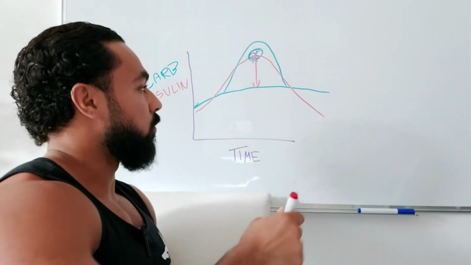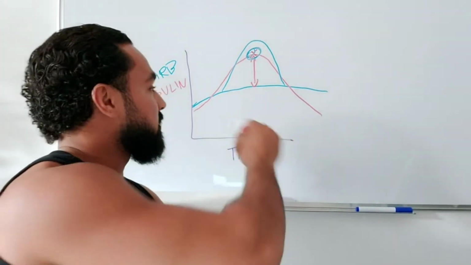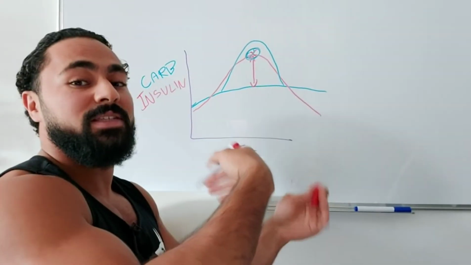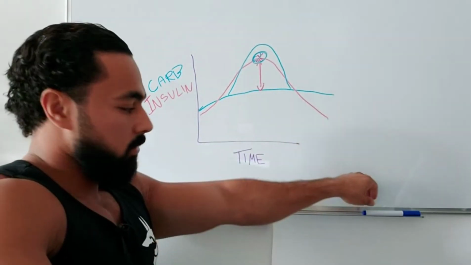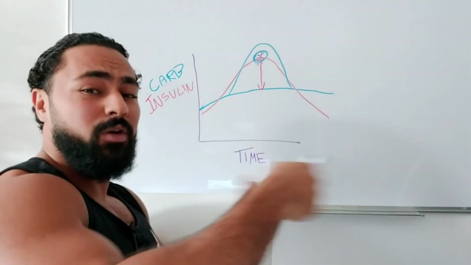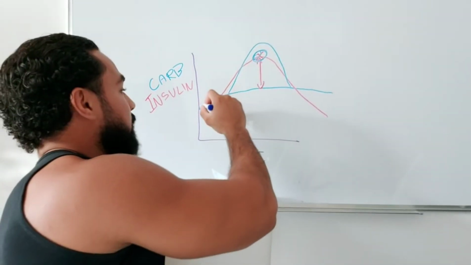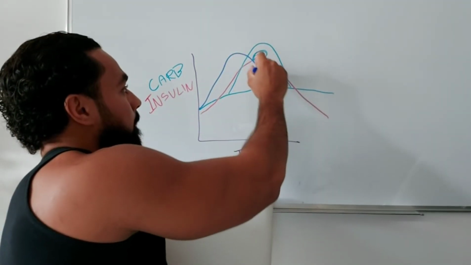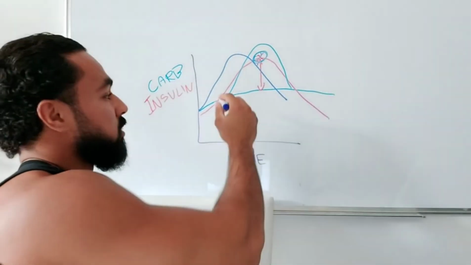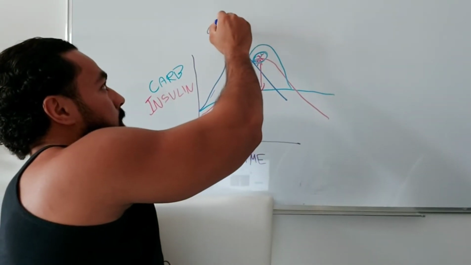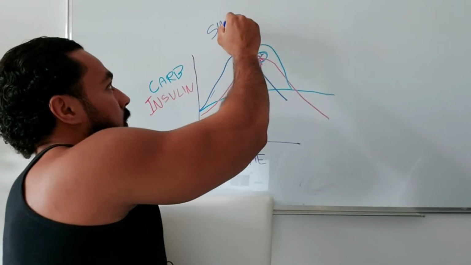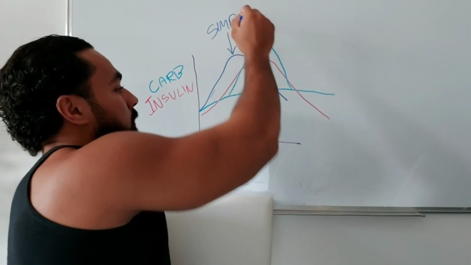So what I'm saying is, why the speed of carbs matters: if you have a very fast acting sugar, maybe that's what's going to happen. You see that? So this is simple, and that's an R for some reason, I don't know why.